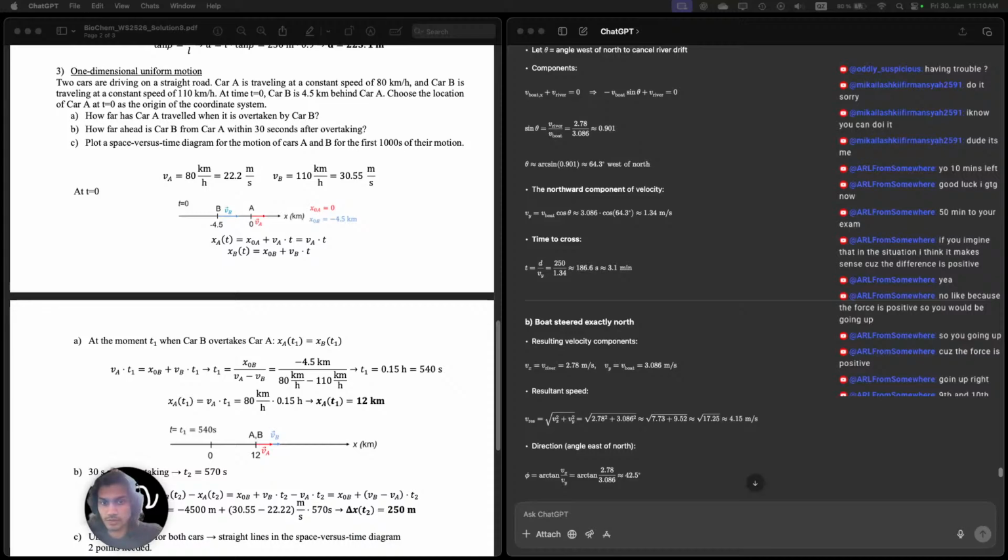I just know that before the exam I should look into some equations. So within 540 seconds, car B should overtake.